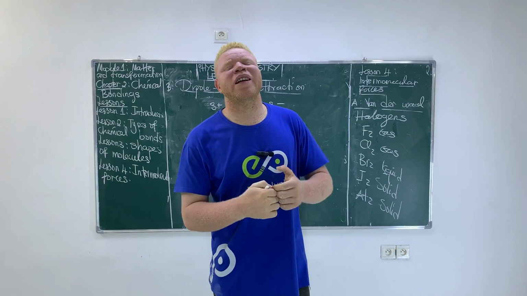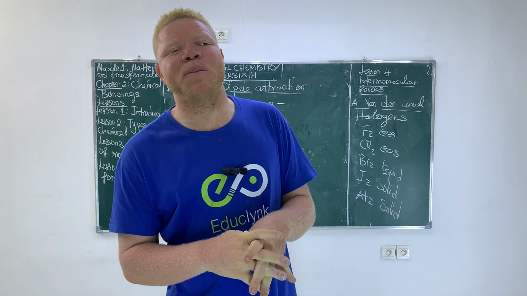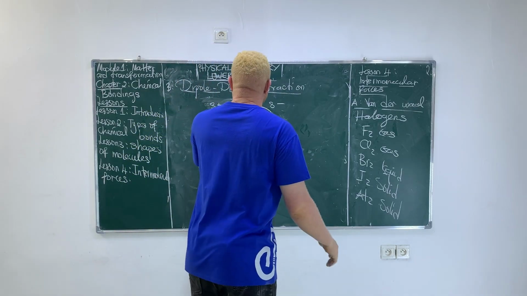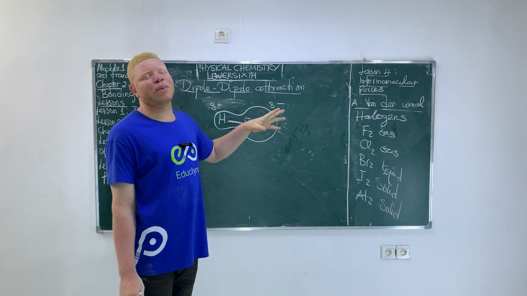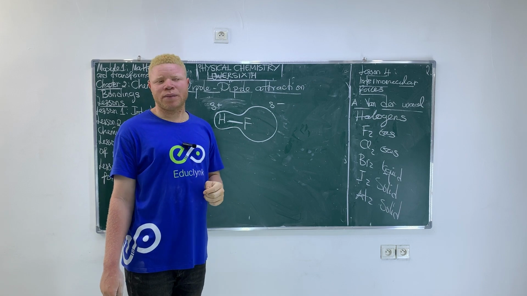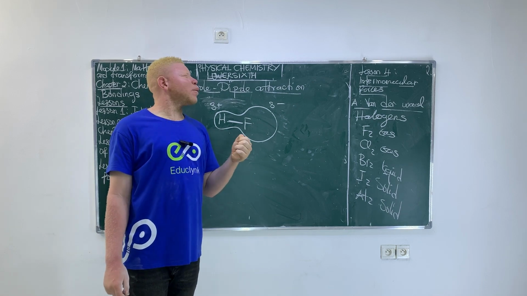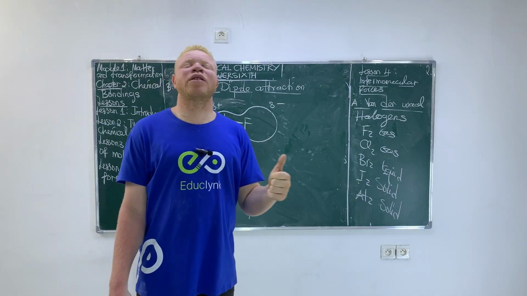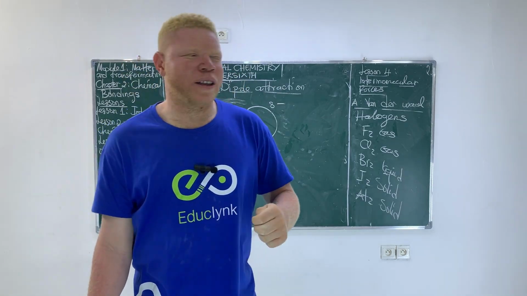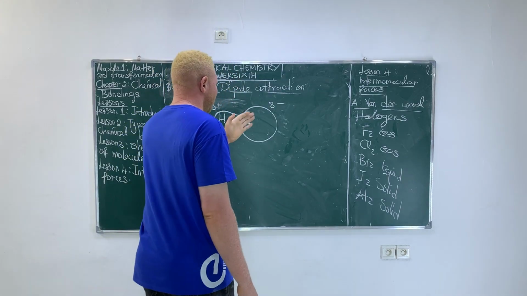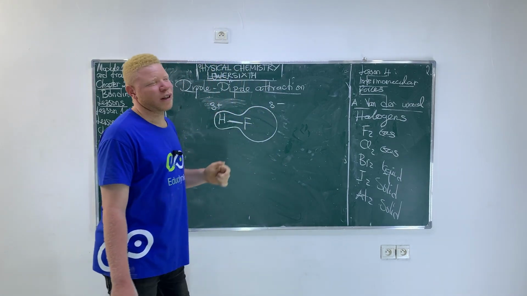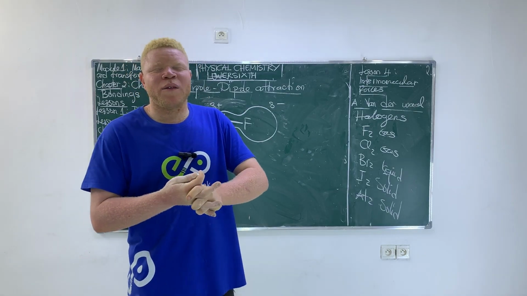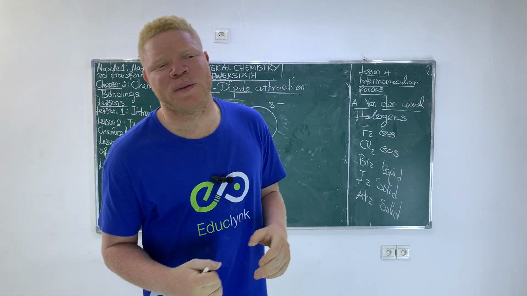These are partial positive and negative charges. There is an electrostatic force holding the sigma minus fluorine and the sigma plus hydrogen.